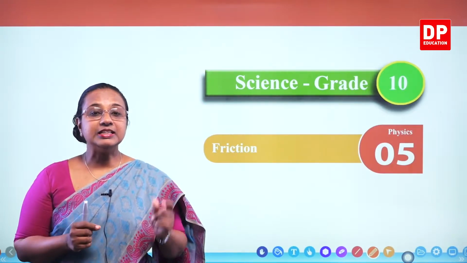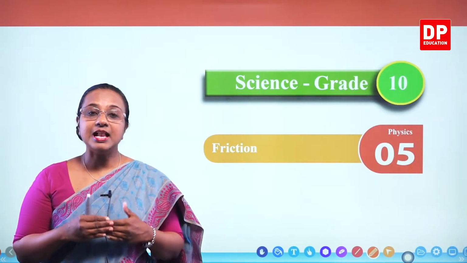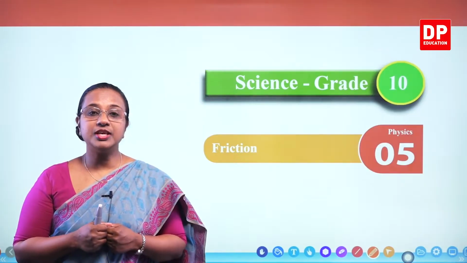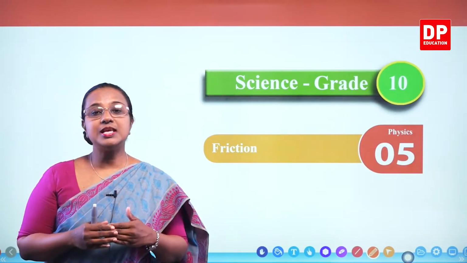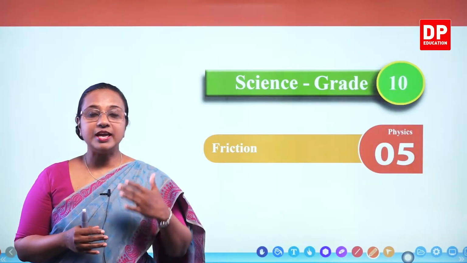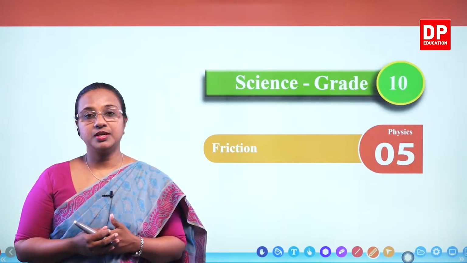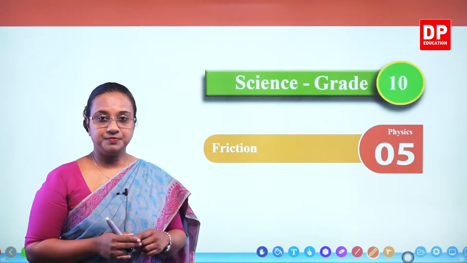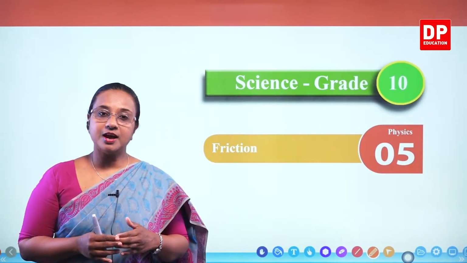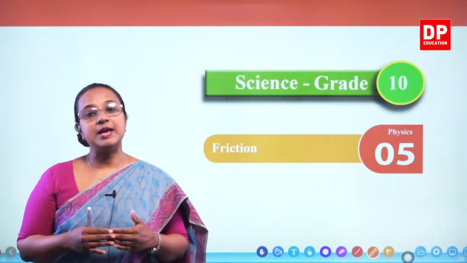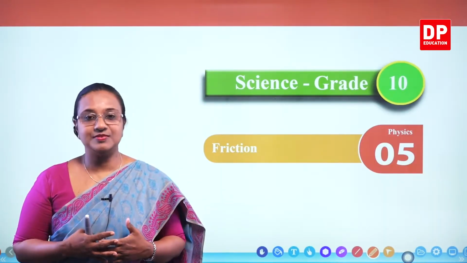So here the factor that helps us to hold on to things, walk without slipping, and even for vehicles to drive without skidding off the road is friction. And if it is not there, we will not be able to do certain activities.